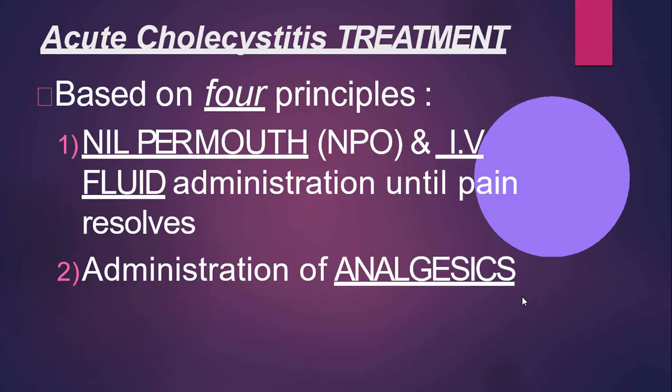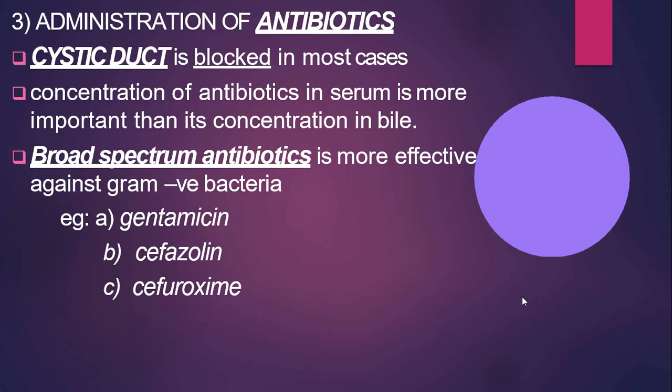Conservative treatment depends on 4 principles. Nil per oral. It means when the patient is having continuous vomiting, you cannot give oral, so you have to give IV fluids until the patient has no pain or no vomiting, and then giving analgesia, and administration of antibiotics.